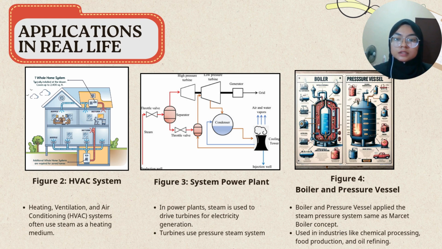Okay, the third one, in figure 4, we have boiler and pressure vessels. So the principles that we can learn from the Marcet boiler are applied in designing and operating industrial boilers and also pressure vessels. Understanding the pressure-temperature relationship ensures the safety and the efficiency of high pressure systems used in industries like chemical processing, food production, and oil refining, where we know the higher the pressure, the higher the temperature resulted.